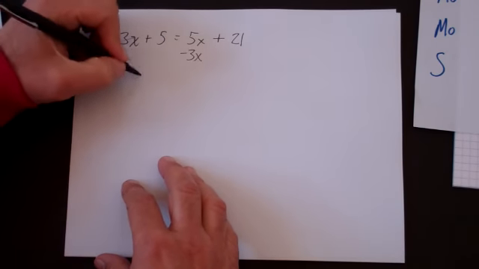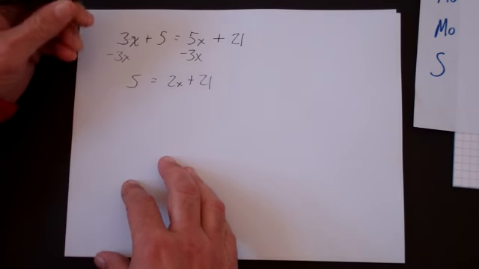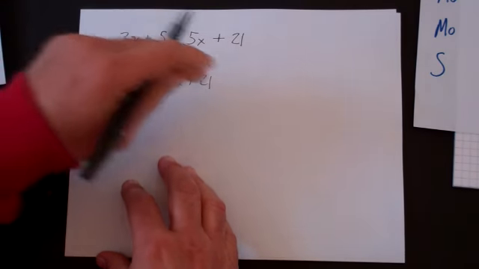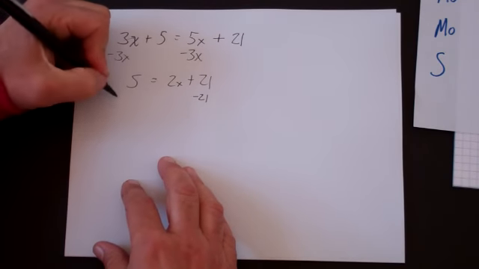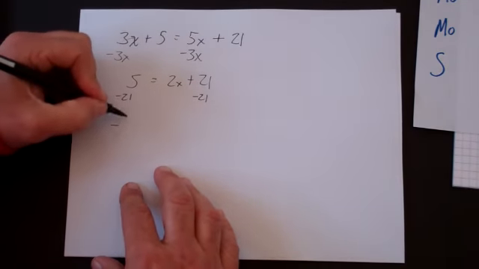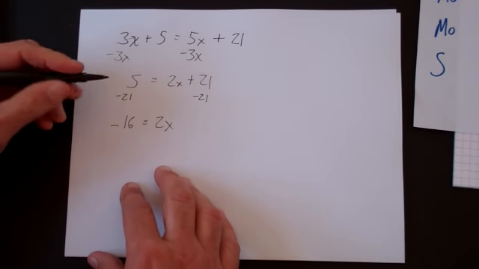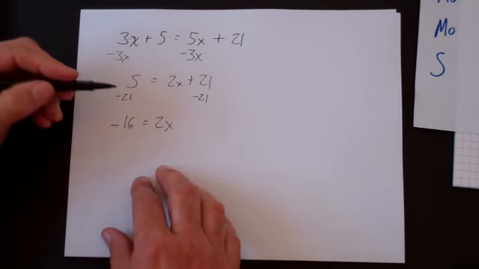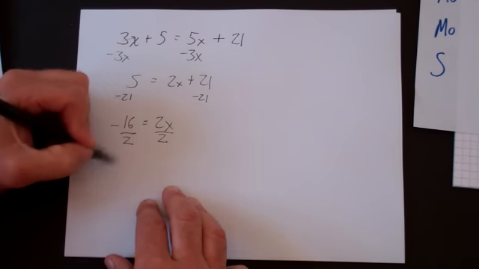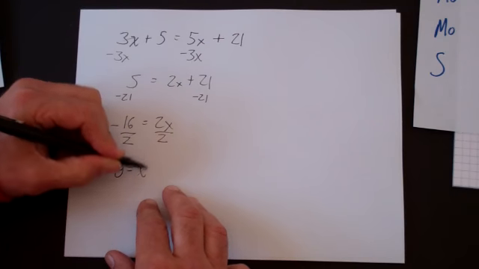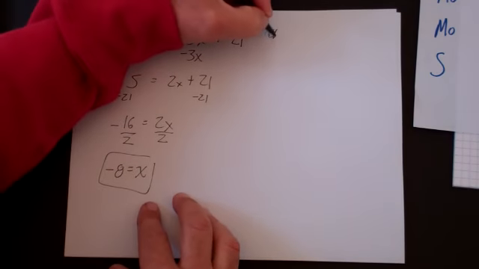So I'm going to subtract 3x from both sides, and I get 5 is equal to 2x plus 21. And now, since I moved the x's to this side, I want to move the numbers to the other side. So I'm going to subtract 21, and I get minus 16 is equal to 2x. And then I'm going to solve it by either dividing or multiplying by the reciprocal. In this case, I'm going to divide this side by 2 and this side by 2, and I get x is equal to minus 8. Check it.